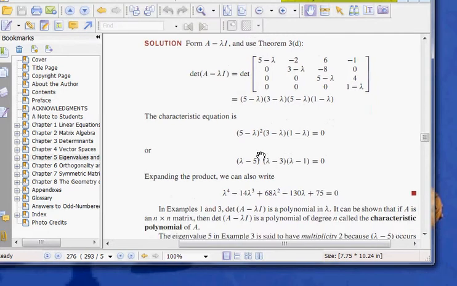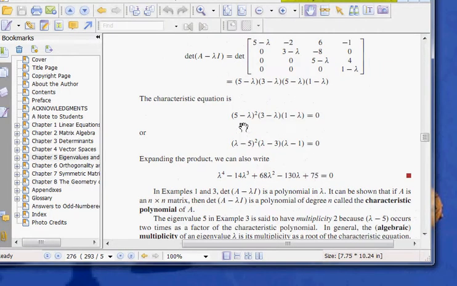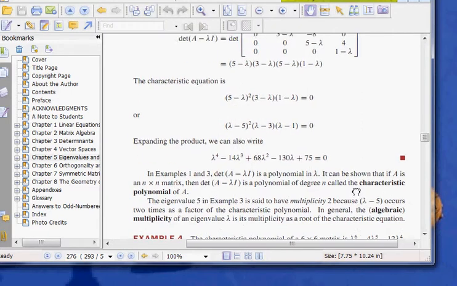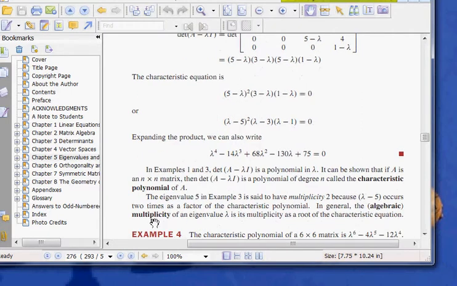You see that this 5 minus lambda occurs twice, and all the other terms occur only once, and the highest occurring term is what we call multiplicity, okay? So for this characteristic equation, it has a multiplicity of 2.